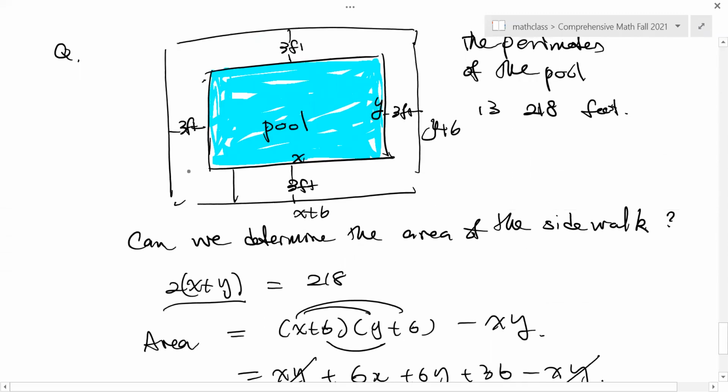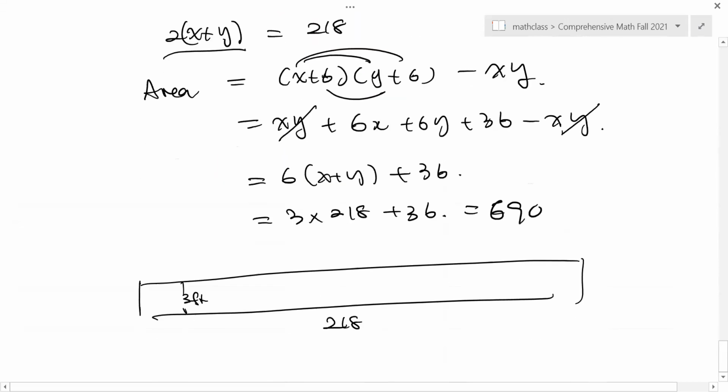Okay? Let's open it, right? So you cut the 4 corners, okay? If you cut the 4 corners, you can open it and make a rectangle.